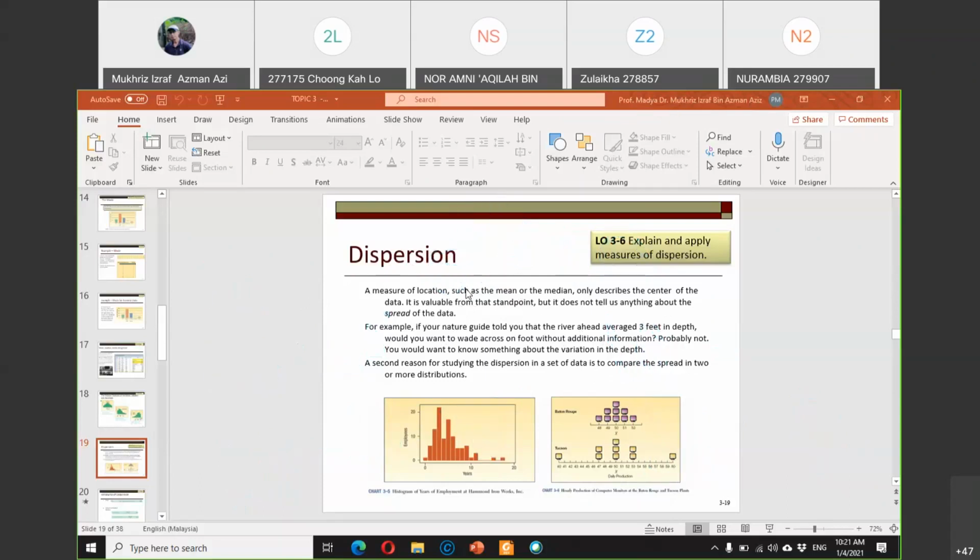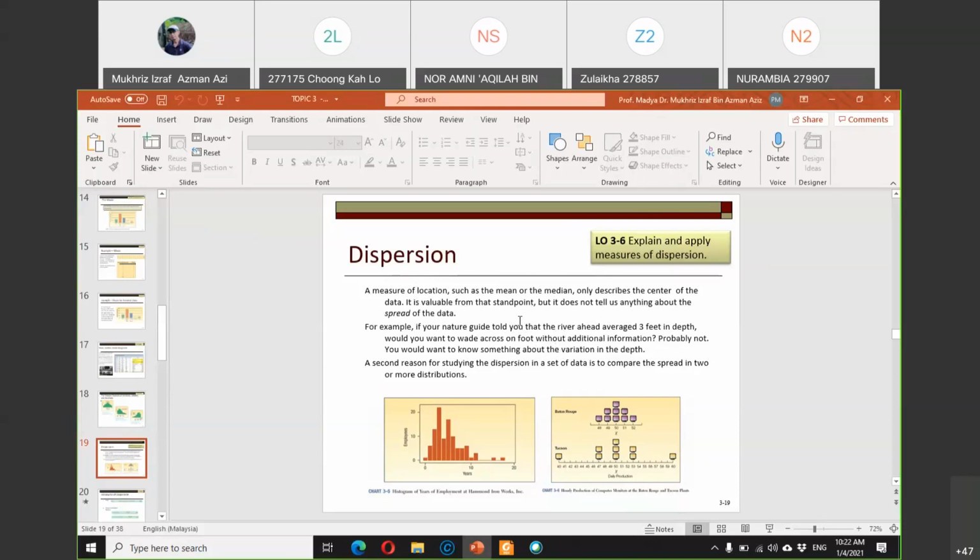That is what the idea of dispersion is all about. You want to know whether your data is located around the same value, or scattered in many different intervals.